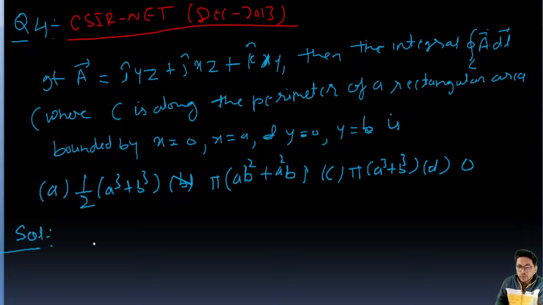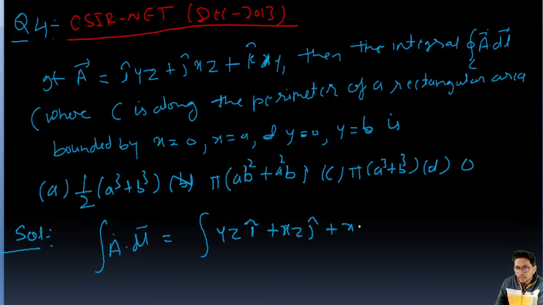So we'll find the integration directly. A dot dl is equal to, the value of A is yz I cap plus xz j cap plus xy k cap dot dl, we know that is dx I cap plus dy j cap plus dz k cap, right?